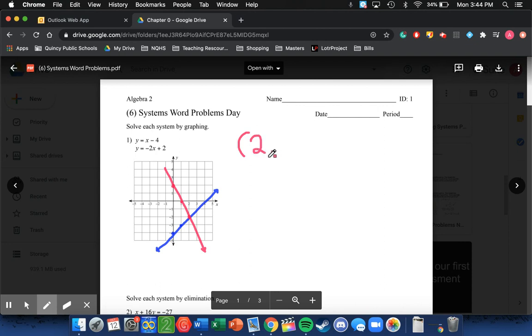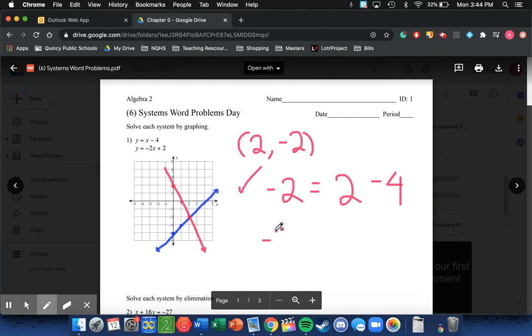If you ever want to check your work in these problems, this point should satisfy both equations. It works for both. That's why it's the answer, because when this x and y get plugged into either one of these, it should work. So, is negative 2 equal to 2 minus 4? Yes, that works.